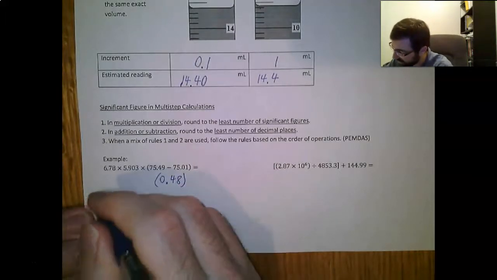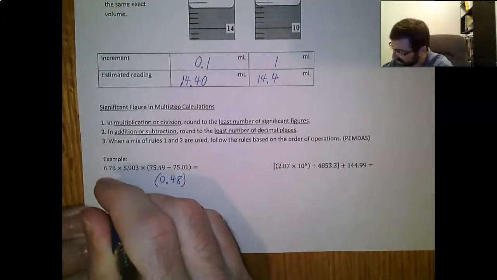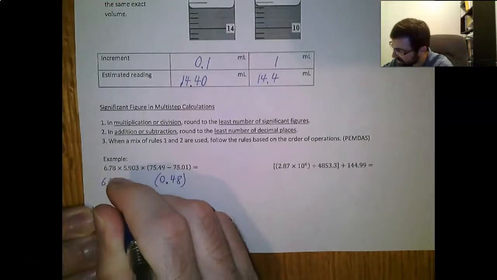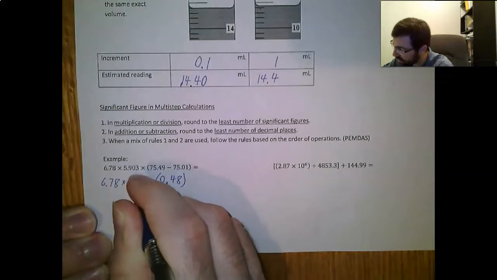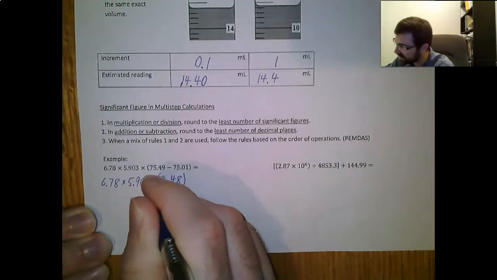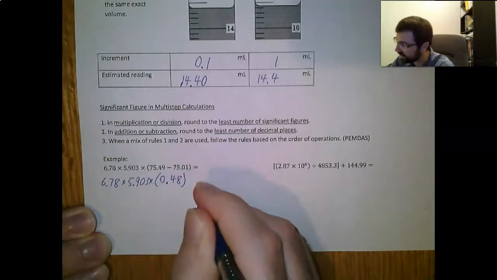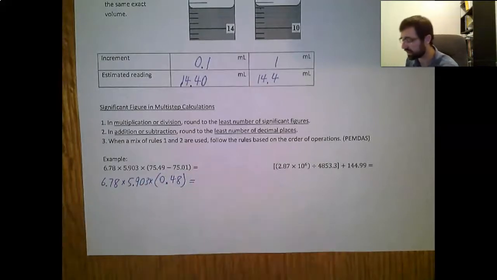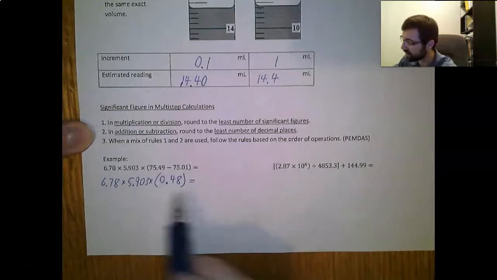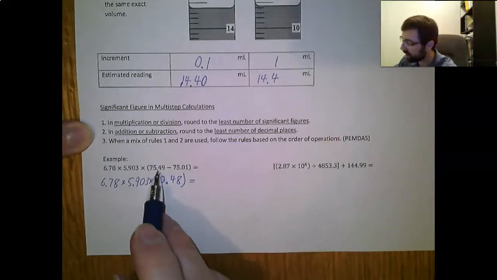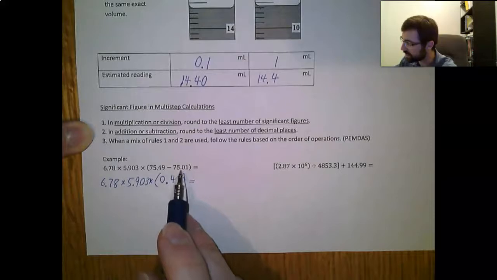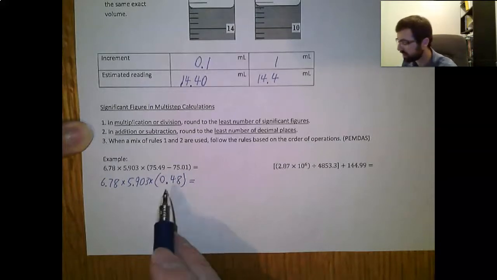Then I have 6.78 times 5.903 times 0.48. Okay, and you notice the way that I did that with significant figures, I'm following my addition subtraction rules. I need to conserve the lowest number of decimal places. This has 2 decimal places, this has 2 decimal places, so my answer should have 2 decimal places.